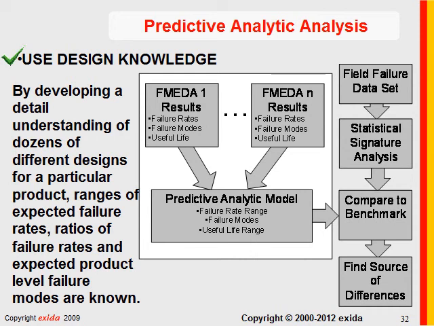Now, how did that happen? Well, the Exida Certification Company does detailed failure mode effect and diagnostic analysis, which gives us failure rates, failure modes, and useful life for each specific design.